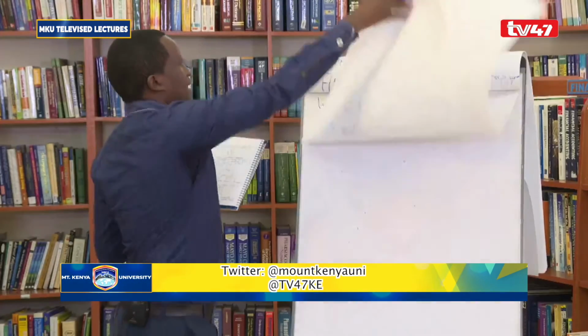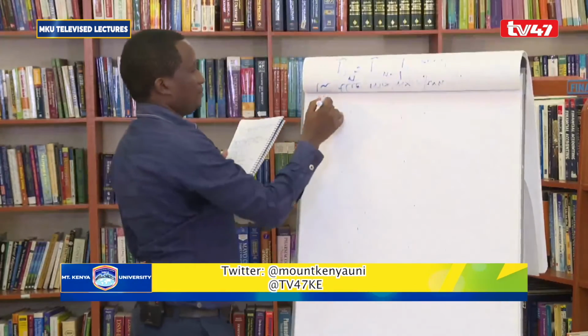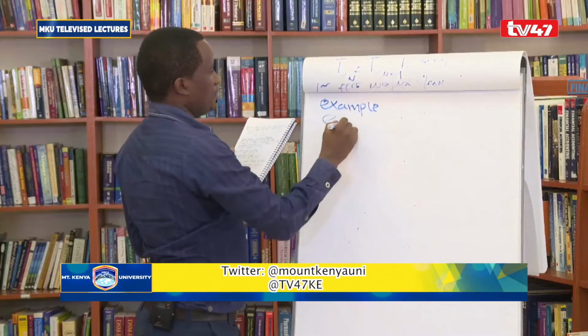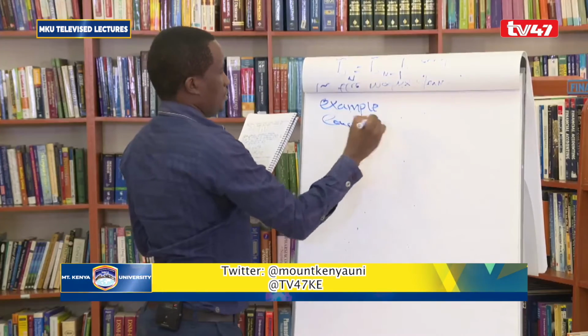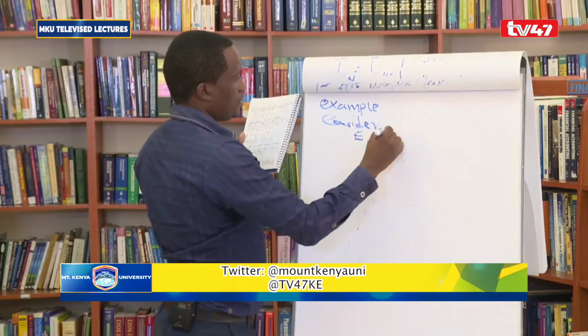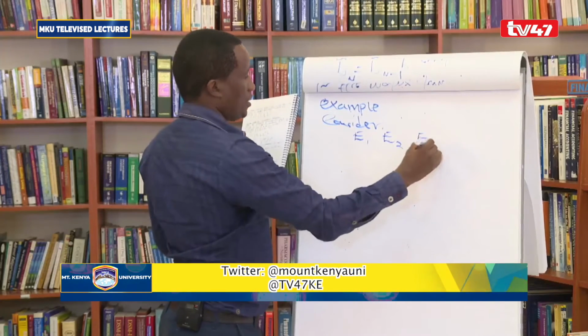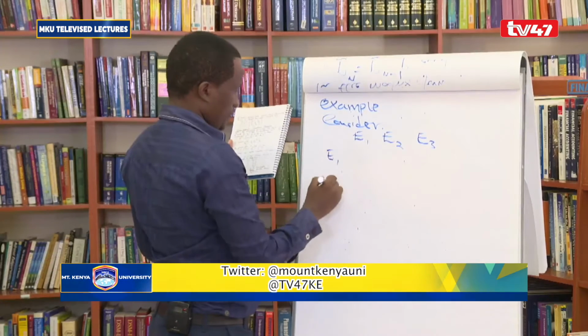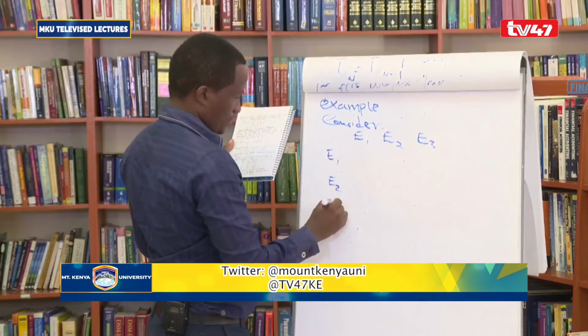Let's consider an example here. Consider the transition matrix with states E1, E2, E3.